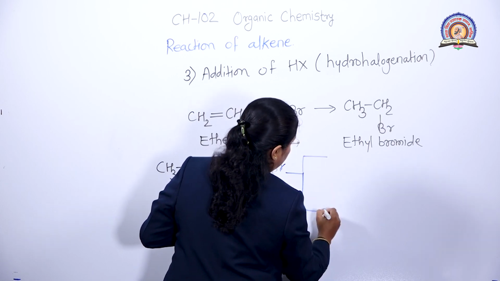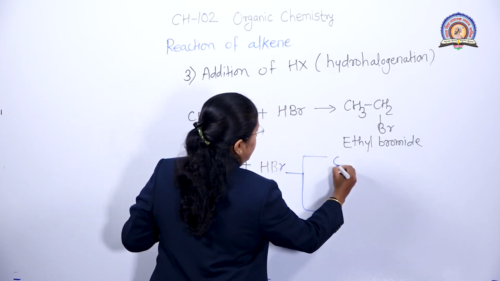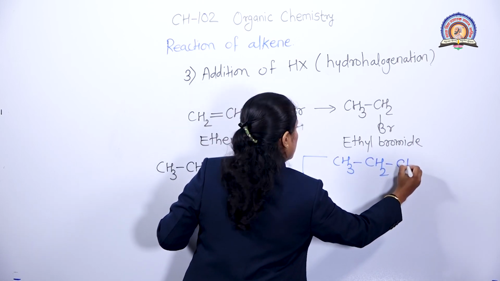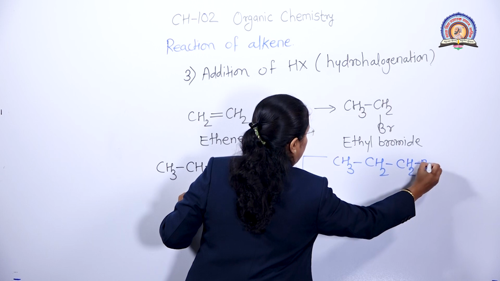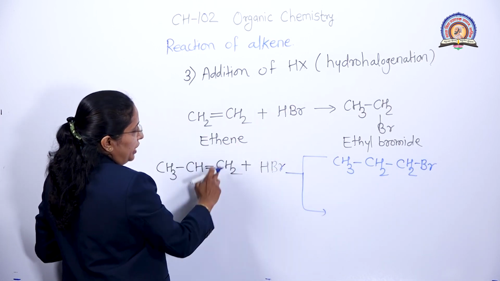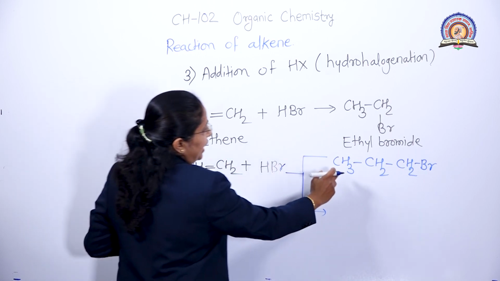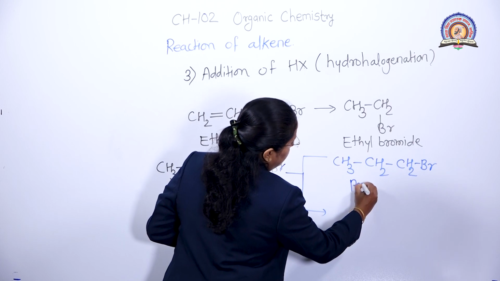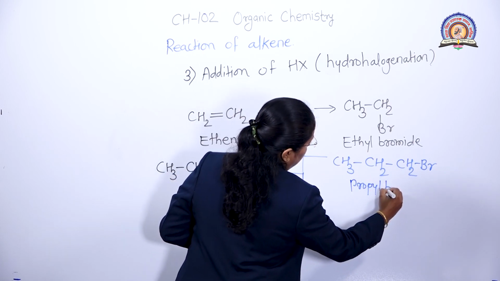We write the product here, CH3CH2CH2Br. Means one hydrogen transferred to this carbon and bromine attached to this carbon, and we get propyl bromide.